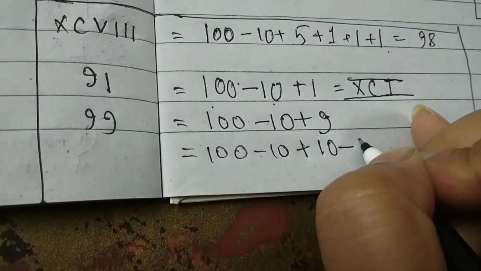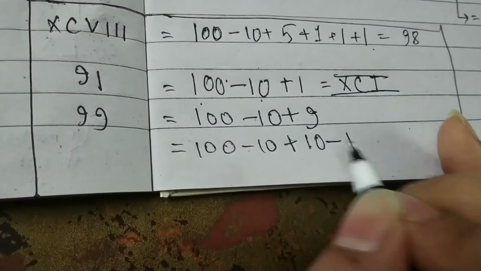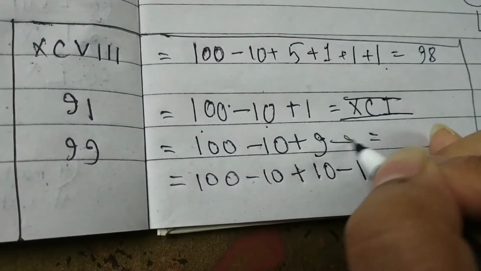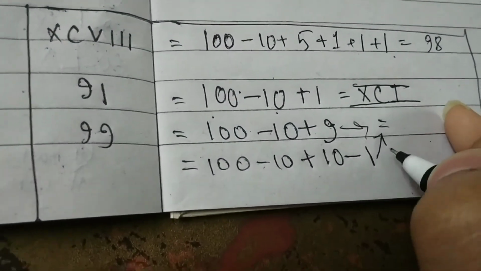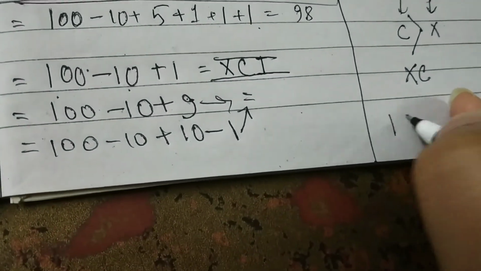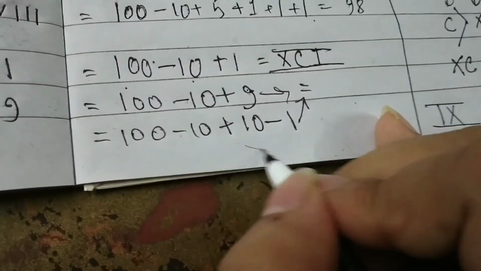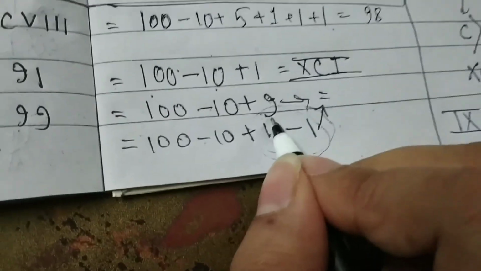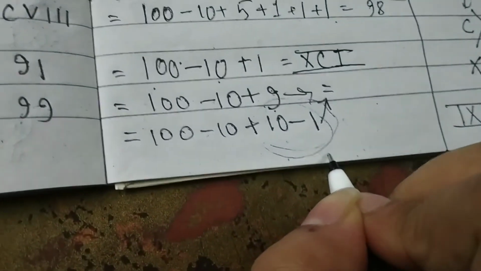These two will lead to the same value. If you remember how 9 is written, then you don't need to break it up.